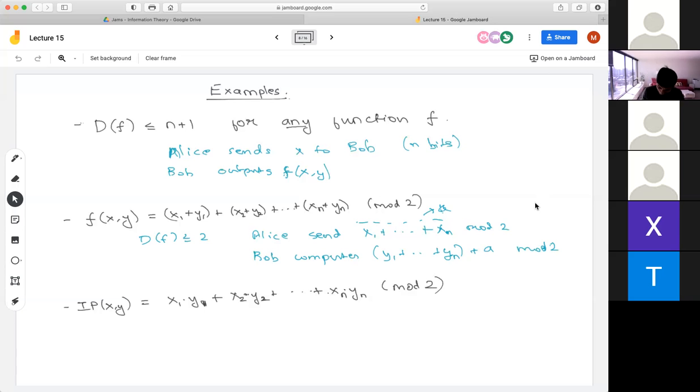It's not really an inner product. Of course we can compute this function with n plus 1 bits like before, and we will also be able to argue that you actually need a lot of bits of communication to compute this.